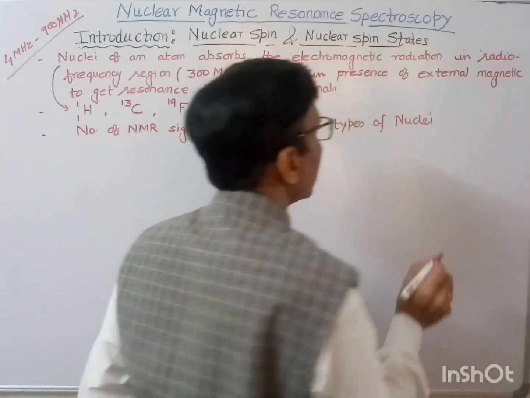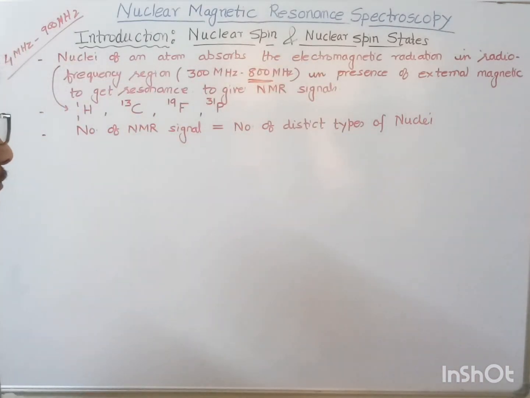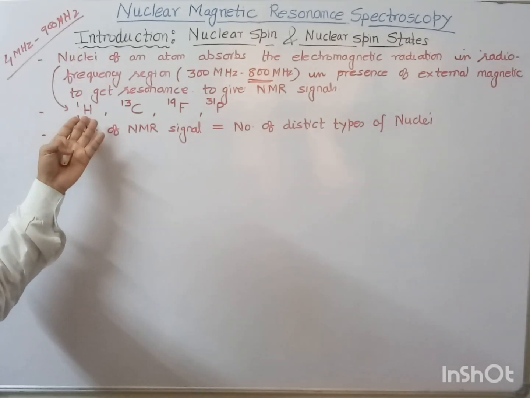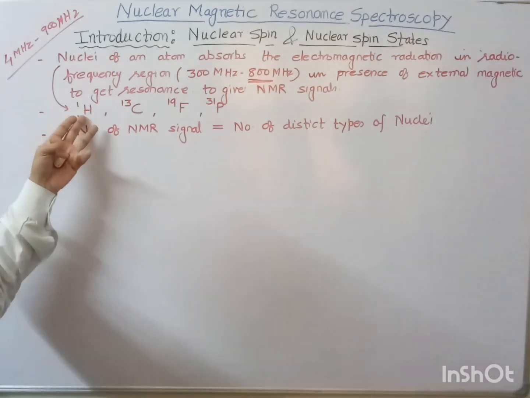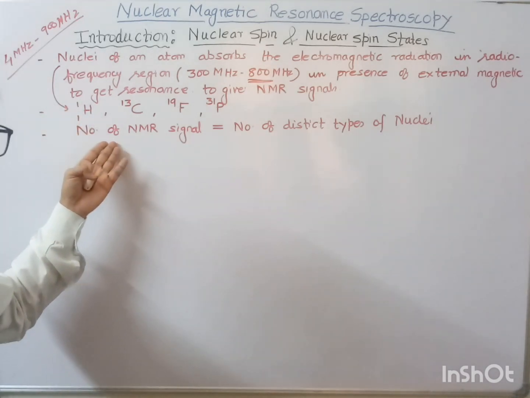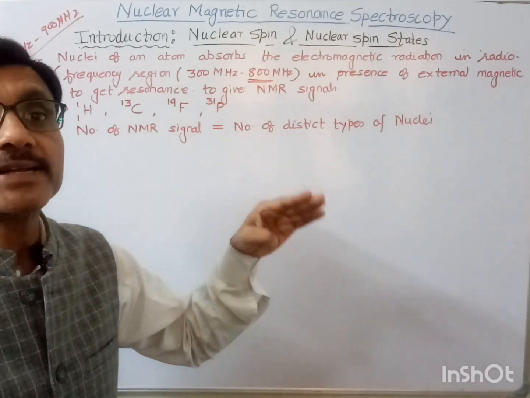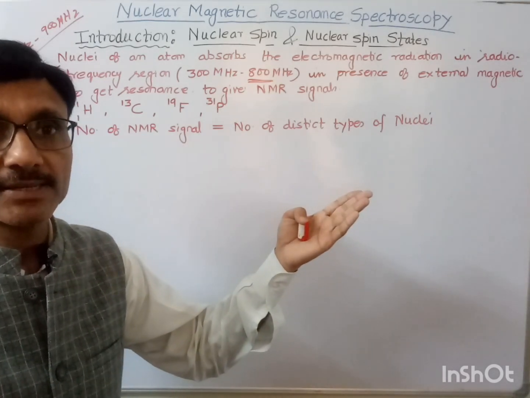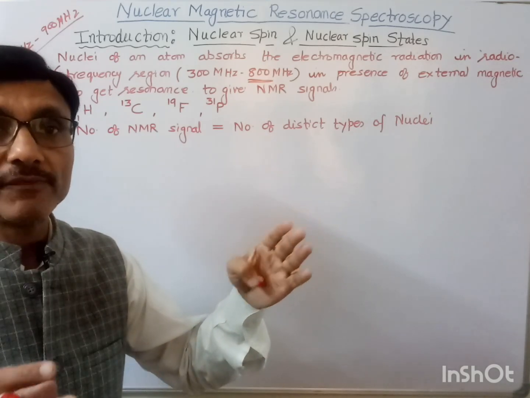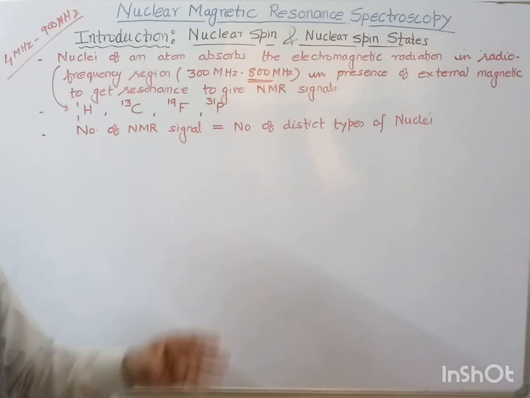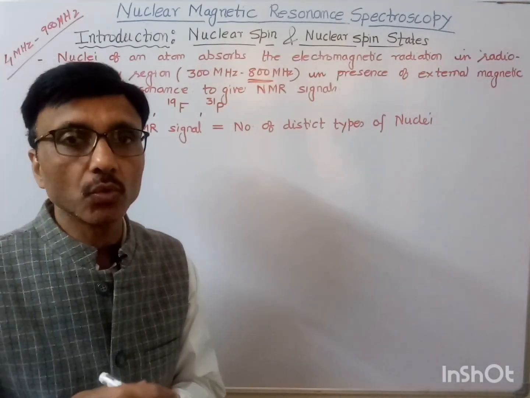If in a molecule we have three types of different protons, having different environments, then we will have 3 NMR signals. If in a molecule we have 20 types of protons having different environments, then we will have 20 NMR signals, and so on.